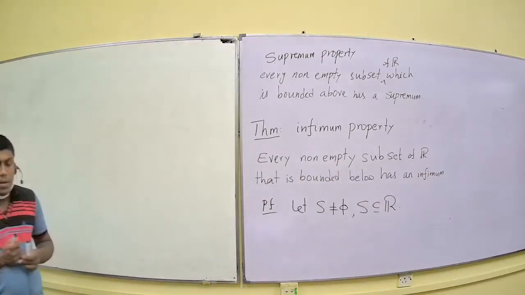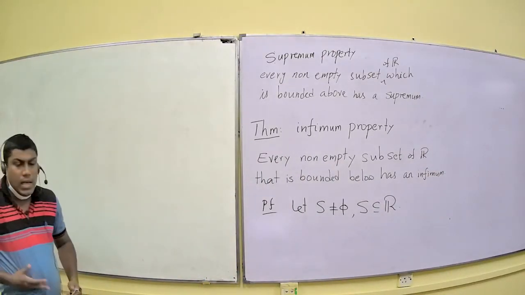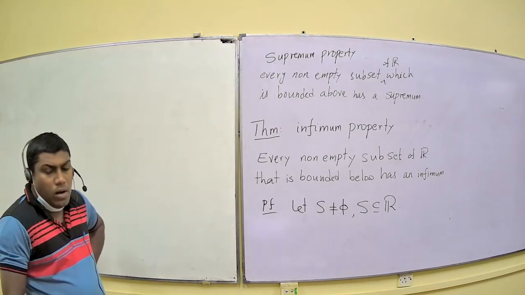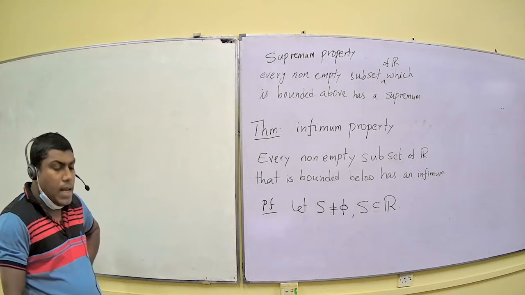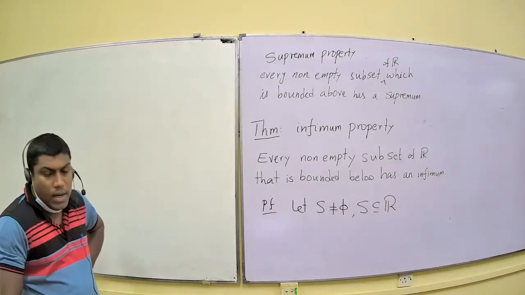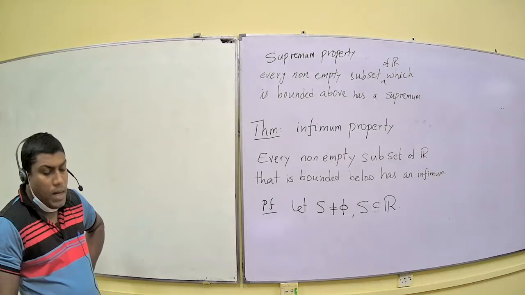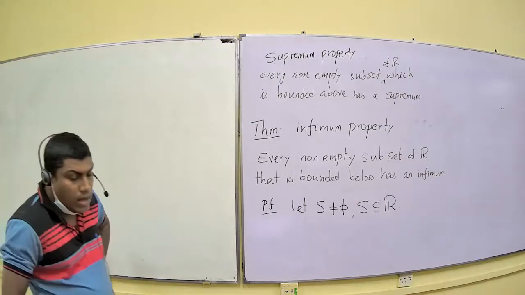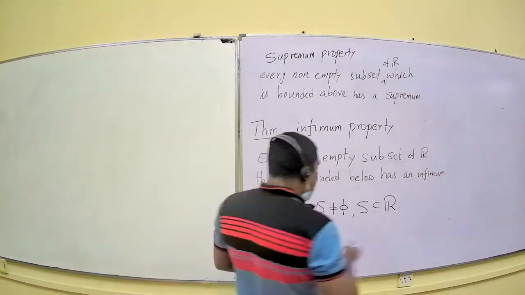We have to set the hypothesis. The hypothesis says every non-empty subset of real numbers which is bounded below. So let's take an arbitrary non-empty subset S of real numbers, and let's say that it is bounded below.